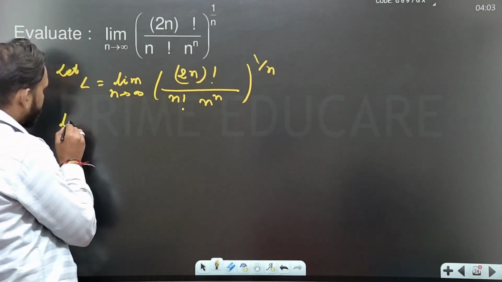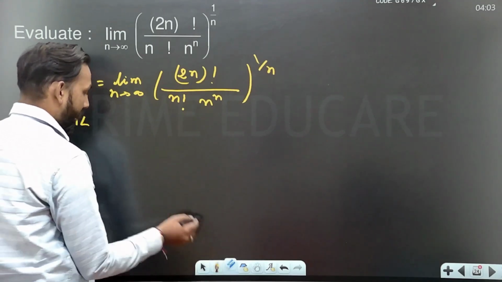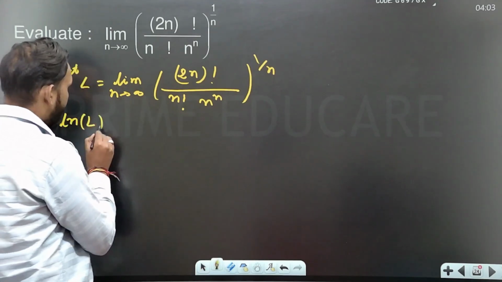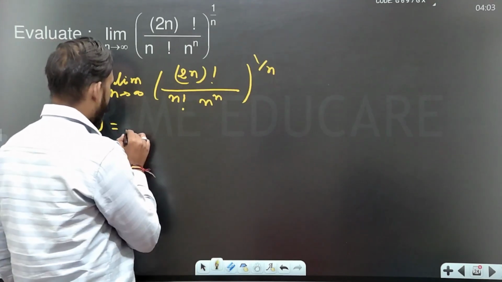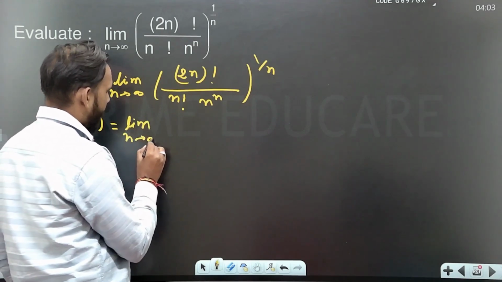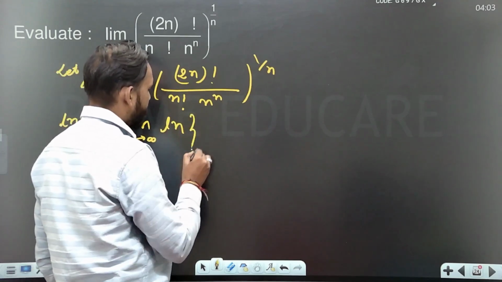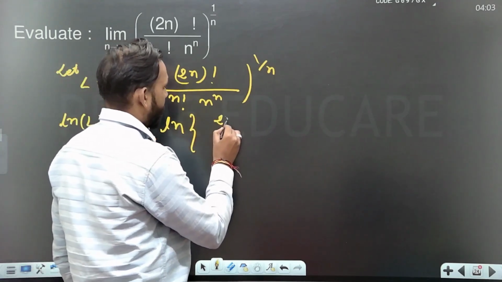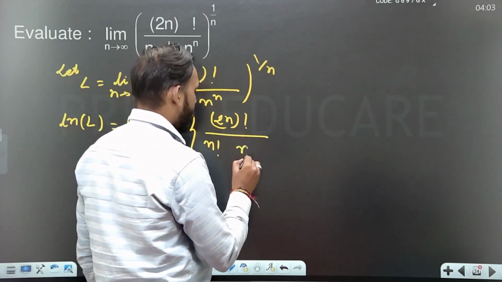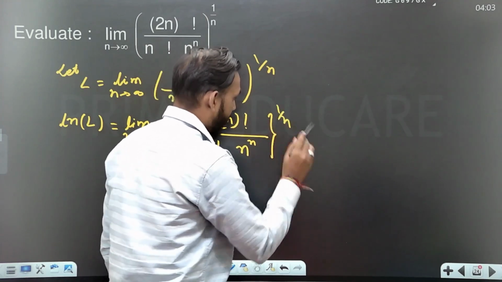ln L equal to limit n tends to infinity of ln of this particular thing, which is factorial 2n over factorial n and n to the power n, and whole power is 1 over n.